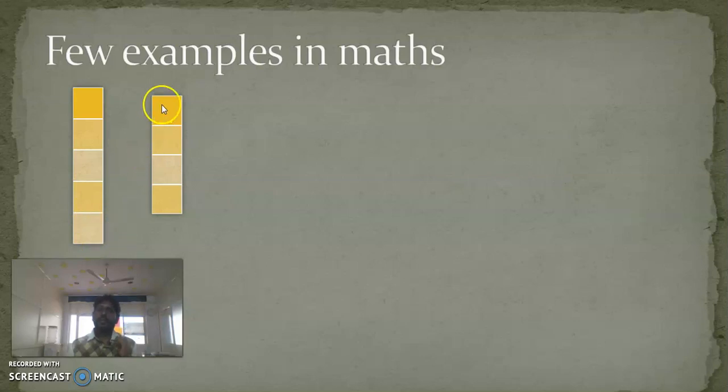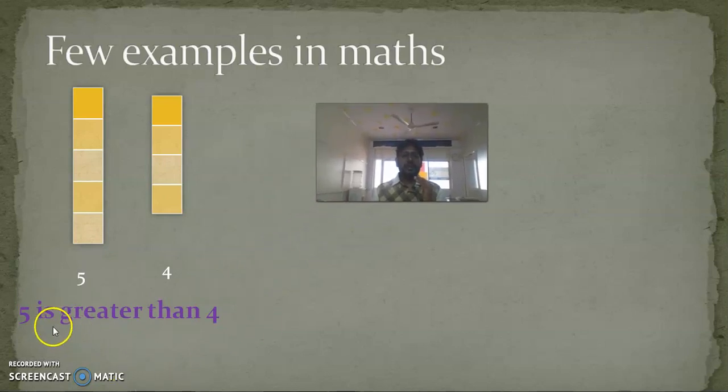Second bar: 1, 2, 3, 4. There are 4. And how to represent that? 5 is greater than 4. We use the word in mathematics, greater than.